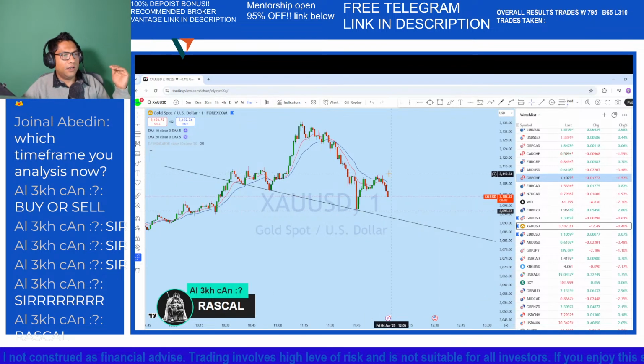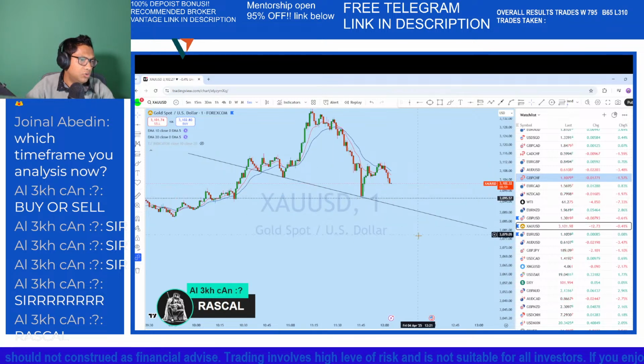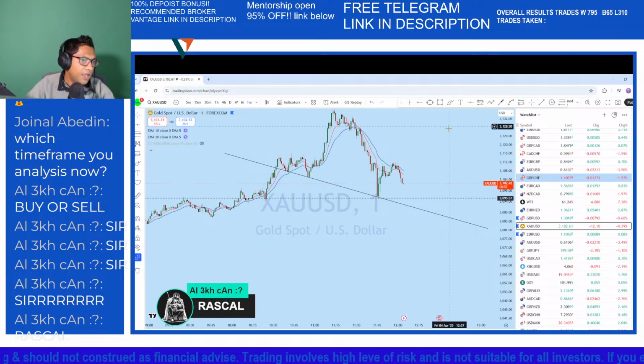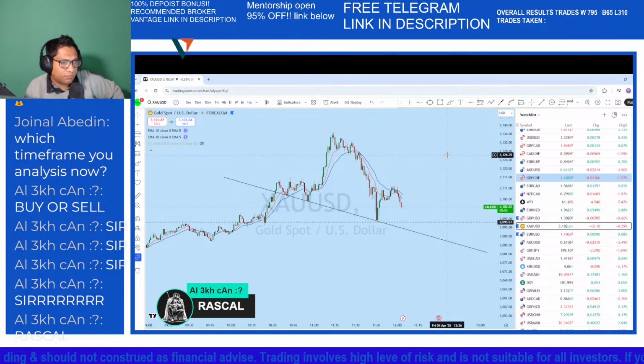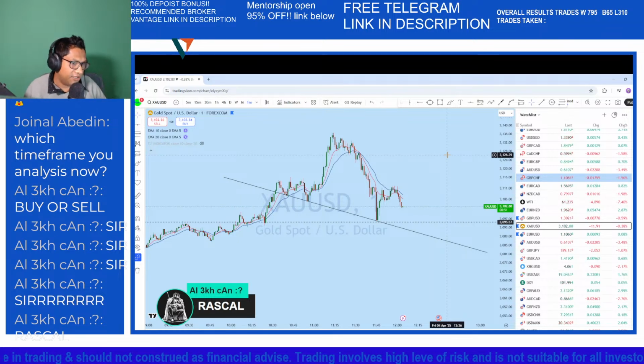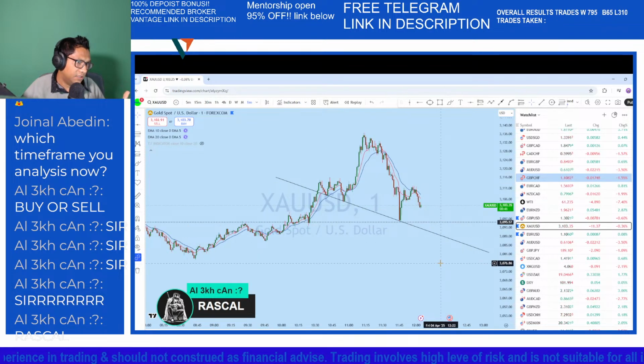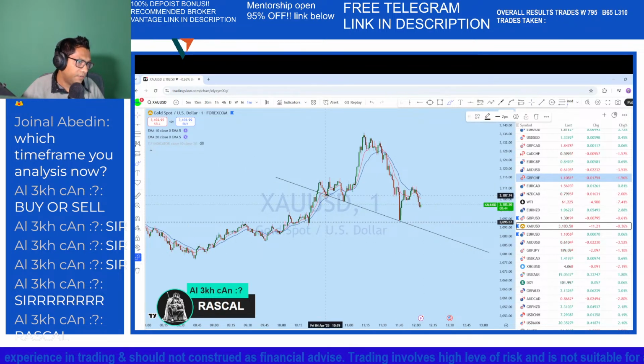Okay, here is after this 10 and 20 MA crossover, it started to break below here, and we would like to see the market dropping below here, and this is a support.